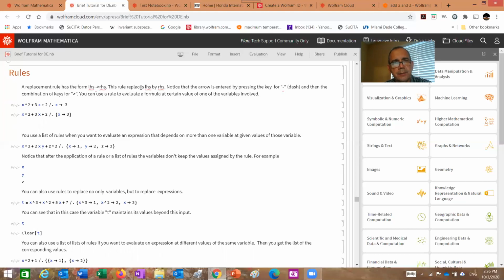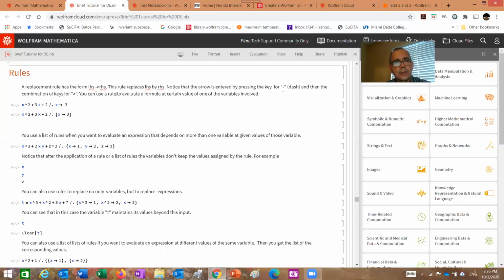So it means the rule replaces LHS by RHS. Okay, remember that to enter the arrow, you have to press the key for the dash, which is on the top of the keyboard to the right, and then the key for the greater than. And in that way, you automatically get the arrow.